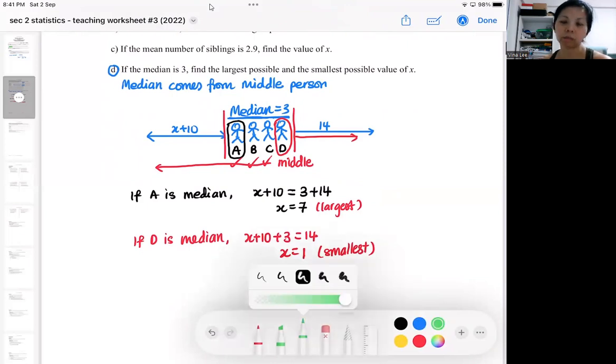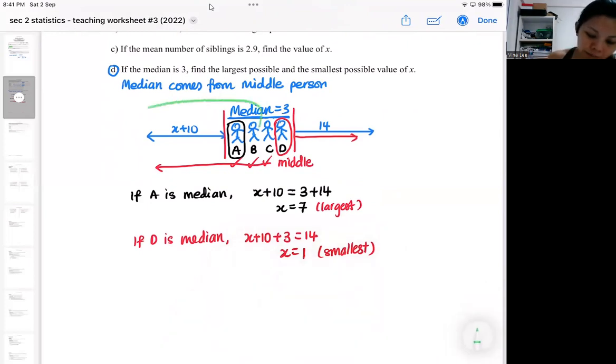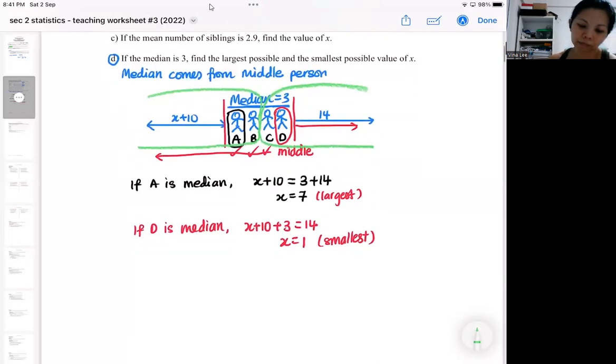What happens when it is an even number? If the total is an even number, that means this will be equal to this. Do you remember, if you got an even number, the median is the average of the middle 2?